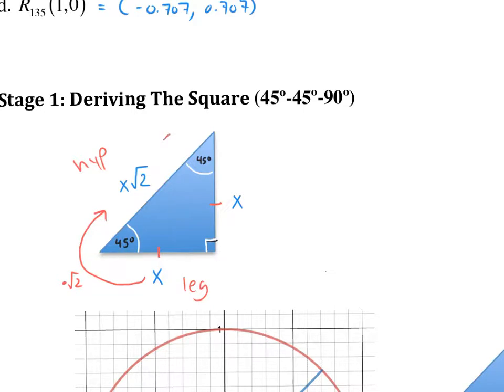However, what if you know the hypotenuse? What should you do? Divide. We woke up on the right side. If you know the hypotenuse, you divide by radical 2 in order to get the leg. And the legs are congruent, so we only have to do it the one time.